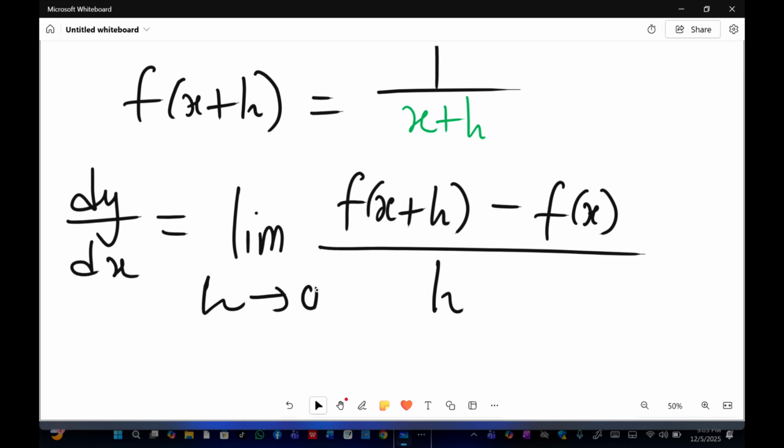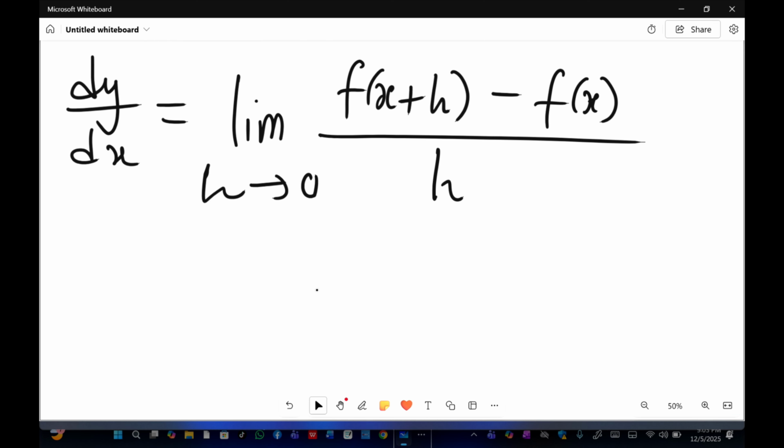This is what we'll still use to find the derivative because we have to use the first principle. So we know f of x plus h to be 1 divided by x plus h, and f of x to be the original function. So let us work on the numerator of the formula.